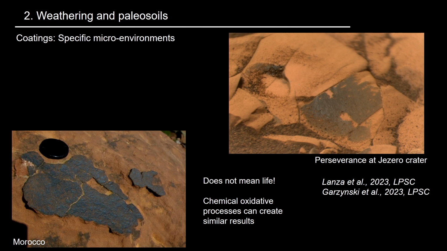And recently with Perseverance, we have seen the same kind of material, which is here, a crust of manganese. So you can see the similarities, same scale, and we have SuperCam shots showing that it's enriched in manganese. So this is really a varnish formed by some chemical processes which are recent.